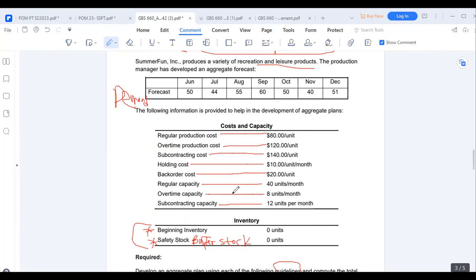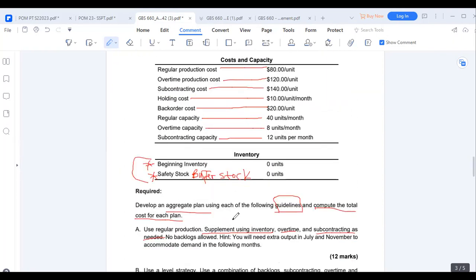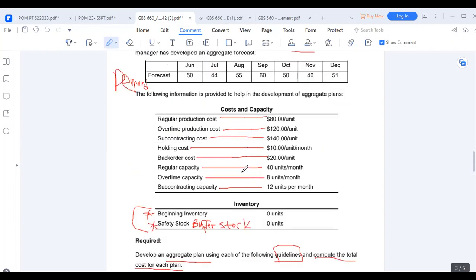Using regular production, on a regular basis, how many units are we producing? Capacity is 40 units per month.